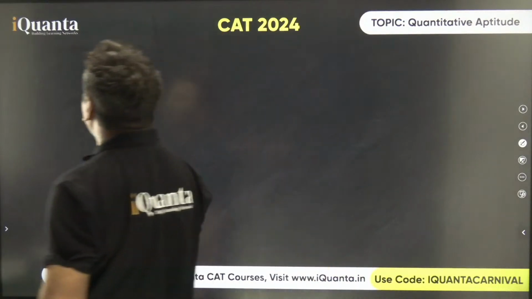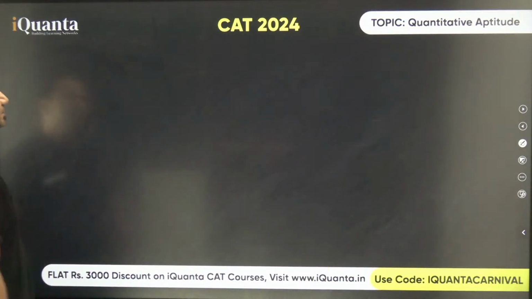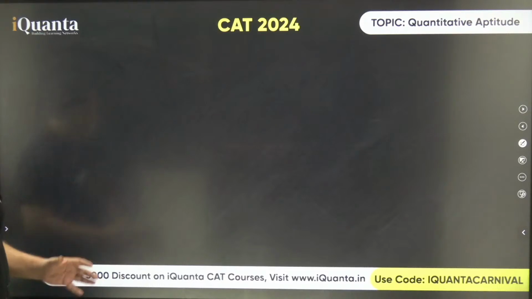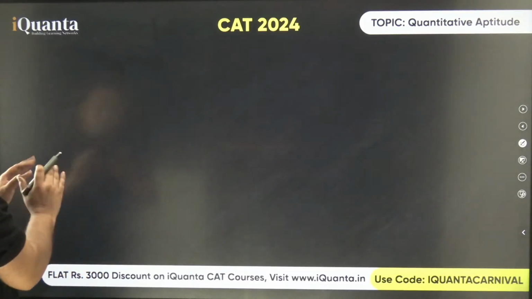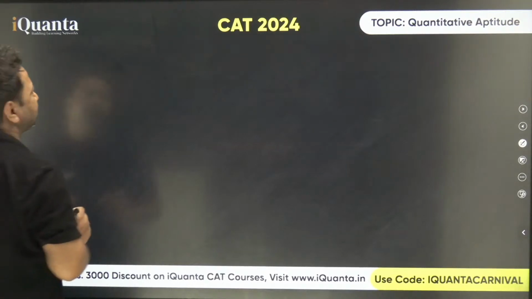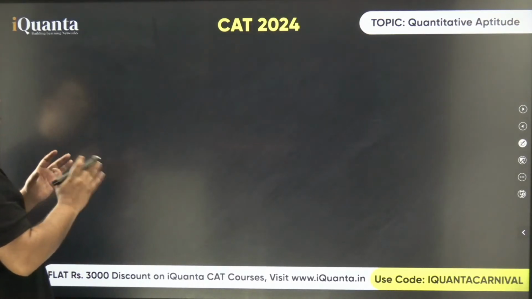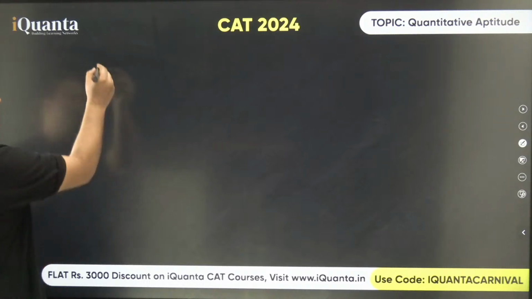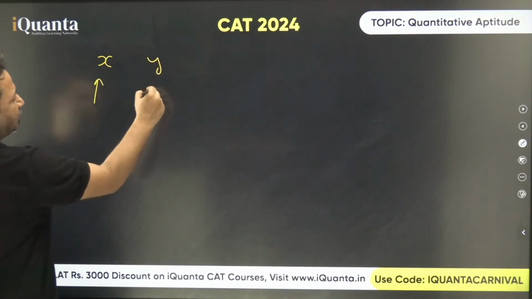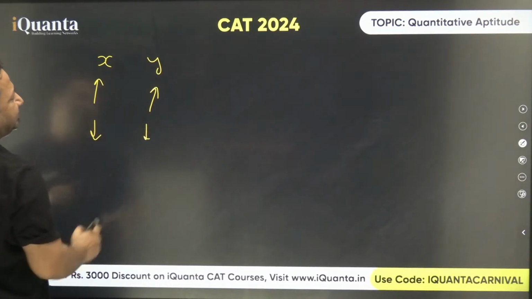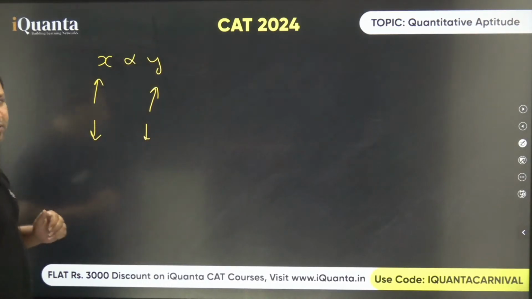So we need to understand the direct and the inverse proportion. Two variables, let's say we have x and y, and both of them either increase or decrease simultaneously, they are going to be in direct proportion.